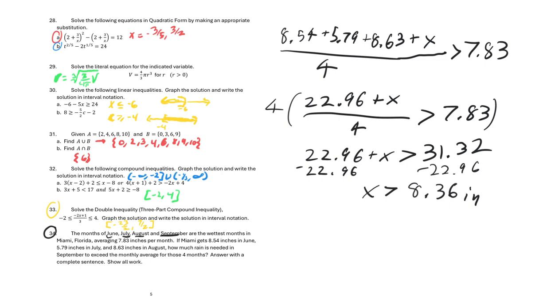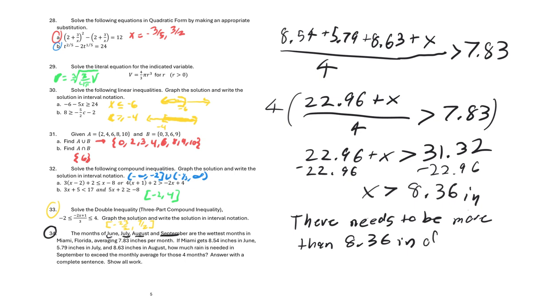So in our sentence, we should say that there needs to be more than 8.36 inches of rain in September to exceed the average.